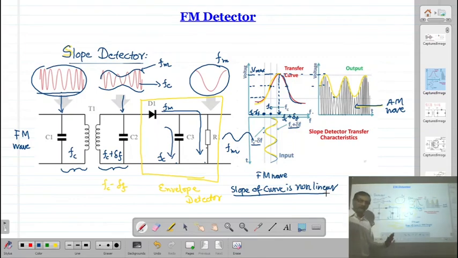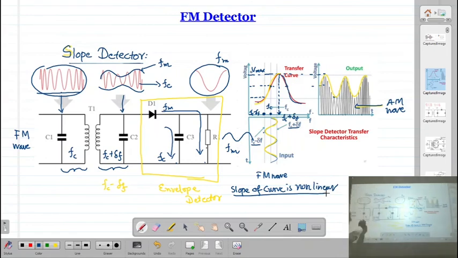As the frequency is increasing, proportionally the output voltage of the FM detector should also increase. But due to the non-linearity, it is not a proportional output voltage, and due to that, your signal or your information is going to be distorted. This is the major disadvantage of a slope detector circuit.